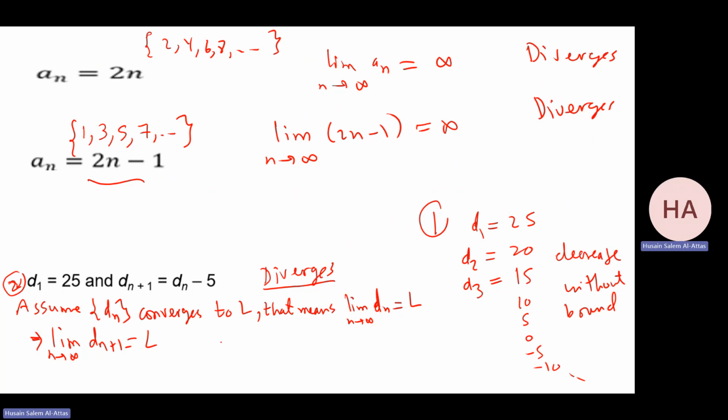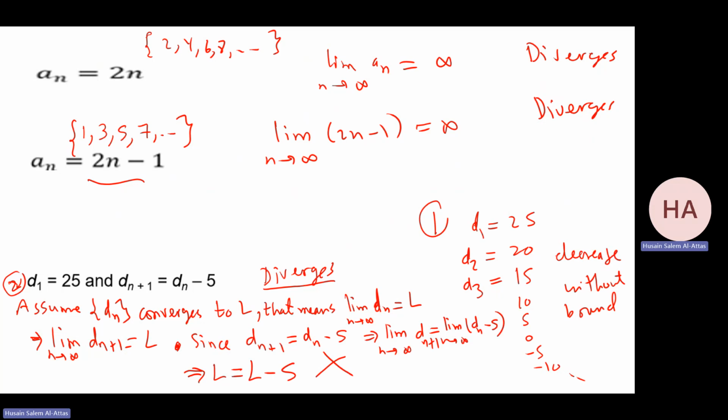Since d(n+1) equals dn minus 5, the limit as n goes to infinity of d(n+1) equals the limit as n goes to infinity of dn minus 5. That means L equals L minus 5, which is impossible. So this assumption is wrong. So the sequence diverges, it cannot converge.